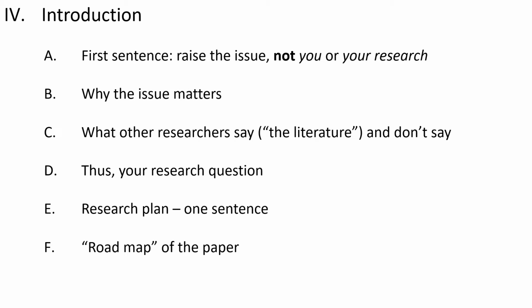Not you, not your research, traffic stops, redlining, segregation, colorblind racism, white talk, whatever it is, why people pick a major. That should be the first sentence. The word me or mine or my should not be in that sentence. The word research should not be in that sentence. The topic should be in that sentence.